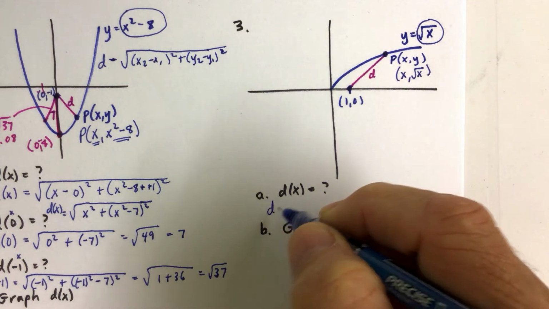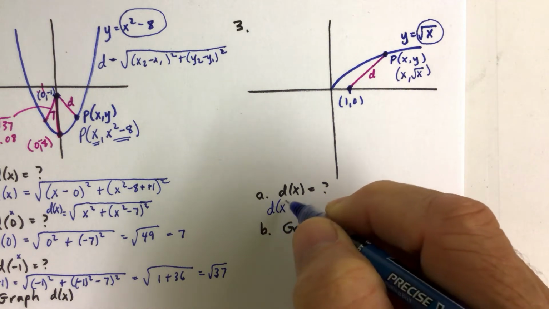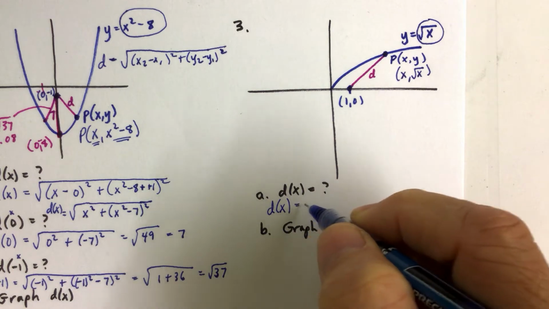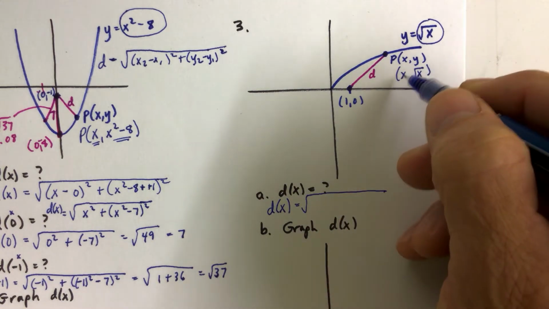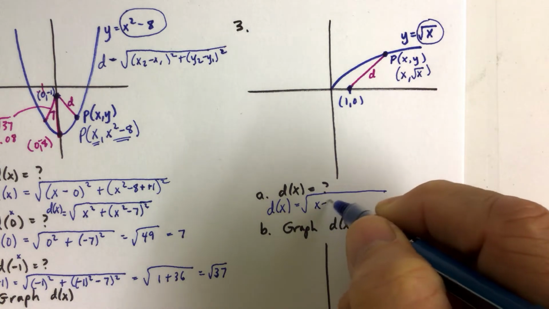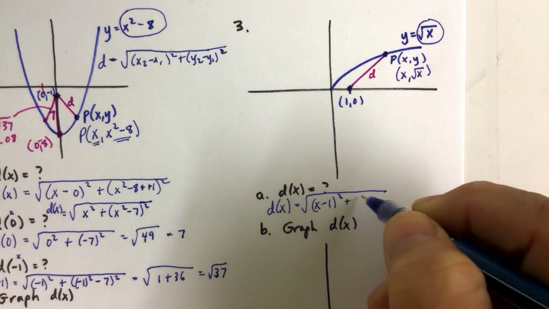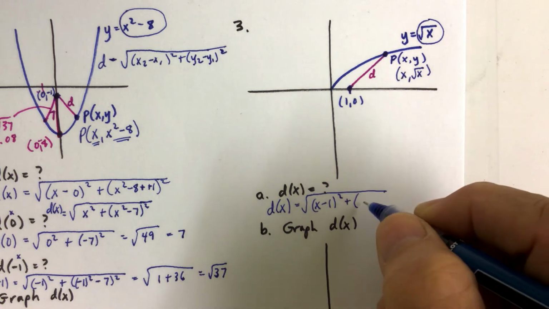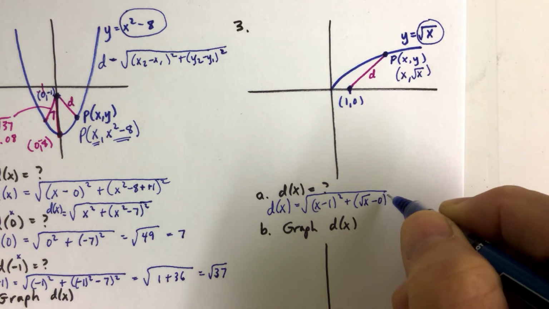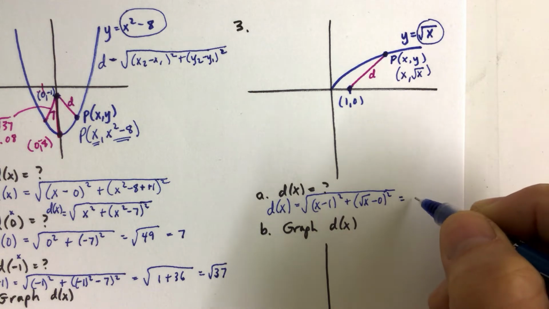So the d of x, the distance in terms of x, again is the square root of the difference in the x coordinates, (x minus 1) squared, plus the difference in the y coordinates, that's radical x minus 0, squared. And we can clean this up a little bit.